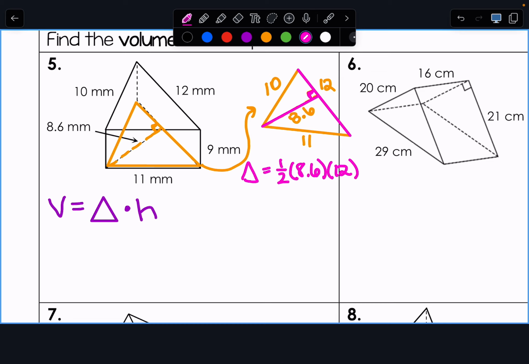Write that down and then put it in your calculator. 1/2 is just 0.5. What do we get for our triangle area? 51.6? Okay.